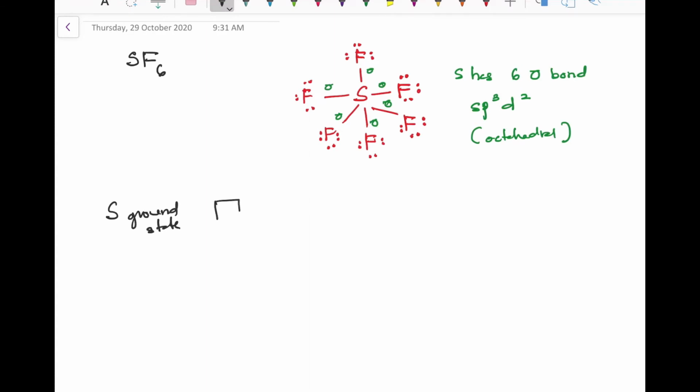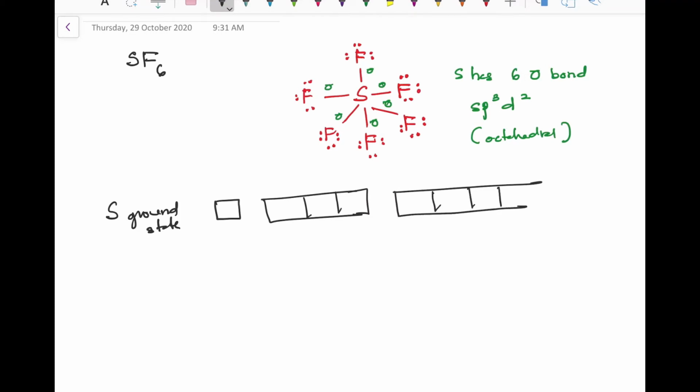It comes from period 3, and actually period 3 has an empty d orbital: 3s, 3p, 3d. That consists of 6 orbitals: 1, 2, 3, 4, 5, 6.